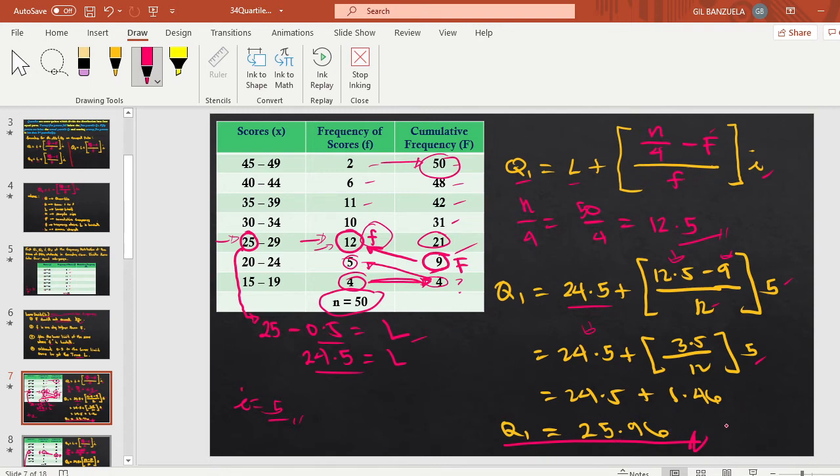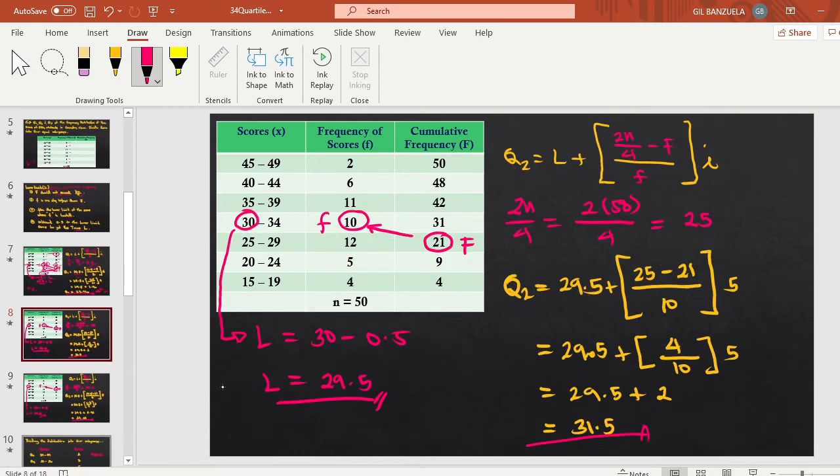So therefore, quartile number 1 can be found at the 26th position, since we're going to round off. Remember that the measure of location is, we are looking for the position. Alright, so let's proceed.